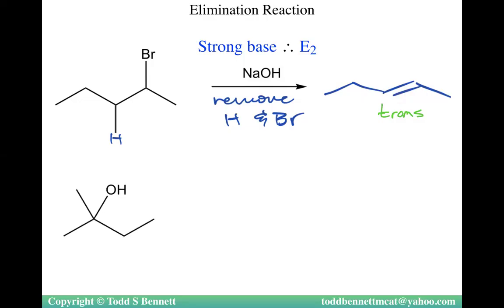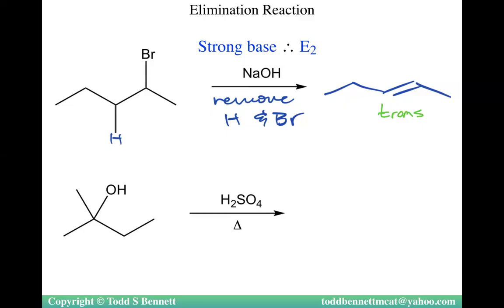Okay, next case, this time I'm using strong acid, and again, acidic conditions tend to favor 1s, SN1, E1, specifically E1, and then strong base has a tendency to favor 2s, SN2, E2, but specifically E2 if it's a very strong base.